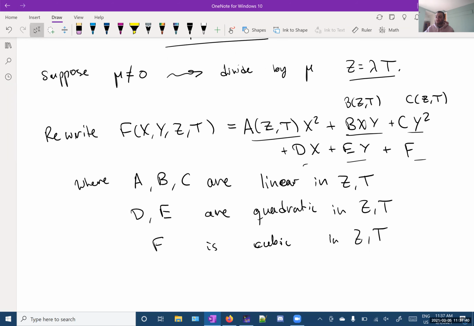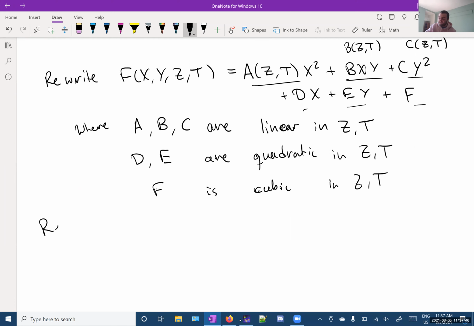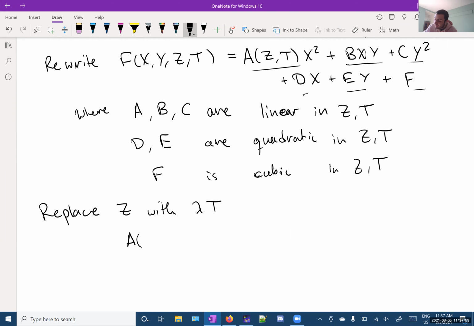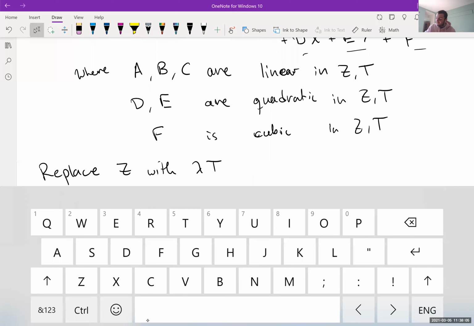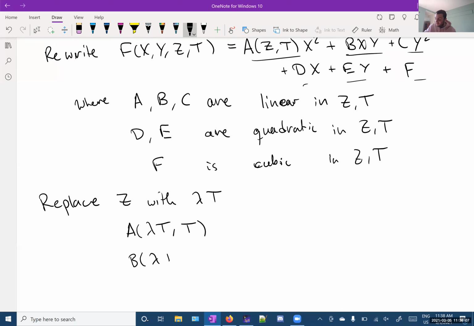Now, since mu isn't equal to 0, so z equals lambda t, I can replace z with lambda t. So what do I get? I get a of lambda t, t, and I get b of lambda t, t, and so on.